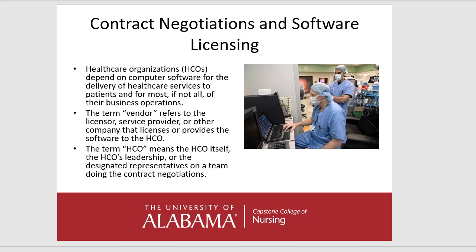The term vendor refers to the licensor, the service provider, or other company that licenses or provides the software to the healthcare organization. And most healthcare organizations, when they sign on, have a contract with a vendor. They become close with those people. Those people come in, they help with the implementation, they help with the maintenance of it, and they often train people within the organization to serve as super users or trainers when they go away.